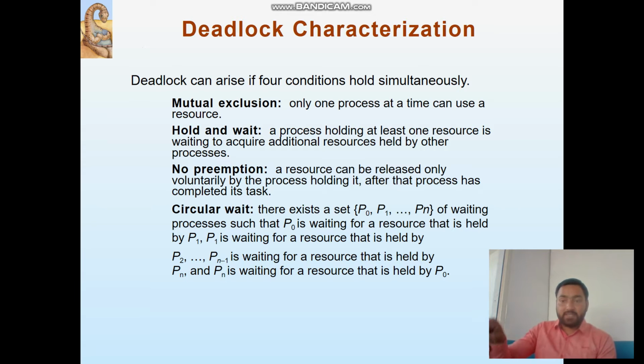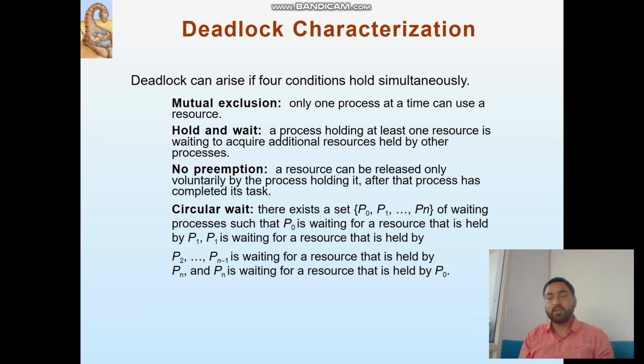So it makes a cycle from process P0 to Pn, and all are waiting for a resource that is acquired by the other processes. This condition is called a circular wait, and it leads to deadlock.